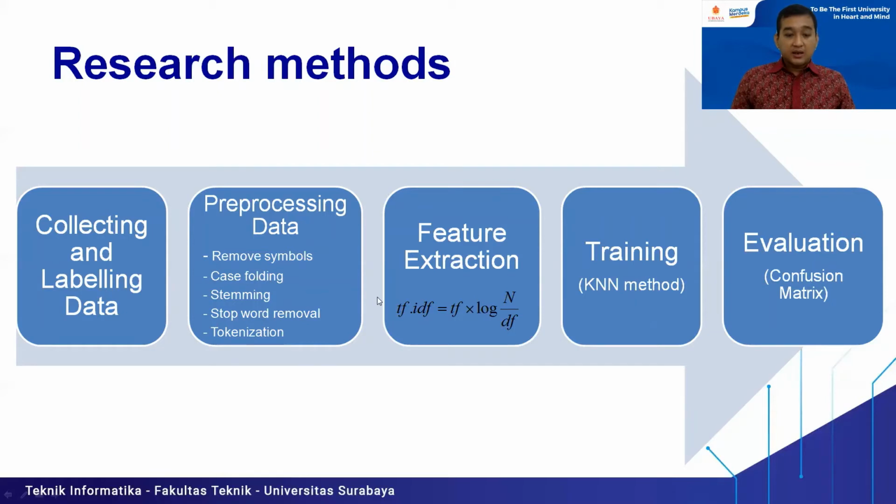The next step is pre-processing. First the tweet will be cleaned of symbols that often appear, such as hashtags, emoticons, and website links. Next for pre-processing is case folding, which is changing all letters to lower case. Next, stemming, which is a process to find the basic word of a word that will be implemented using Nazief-Adriani algorithm.